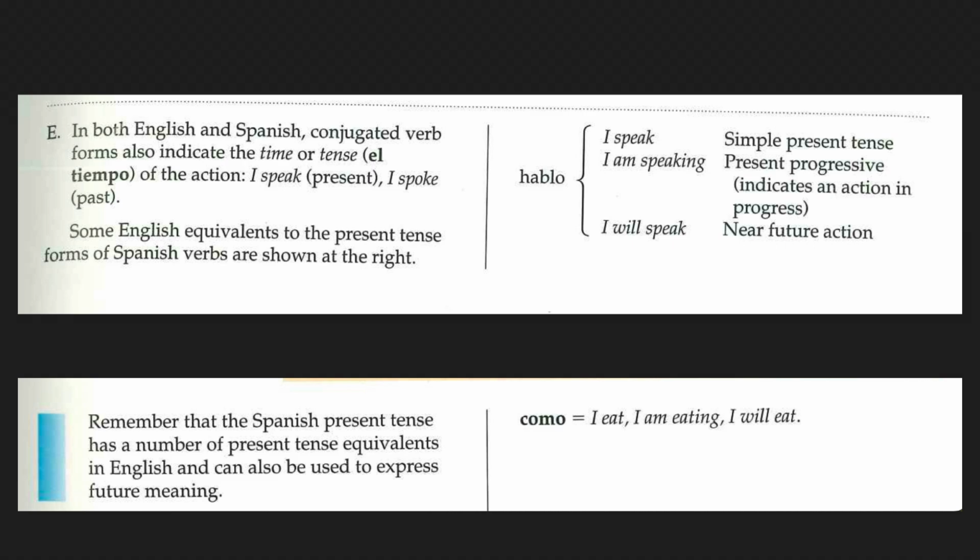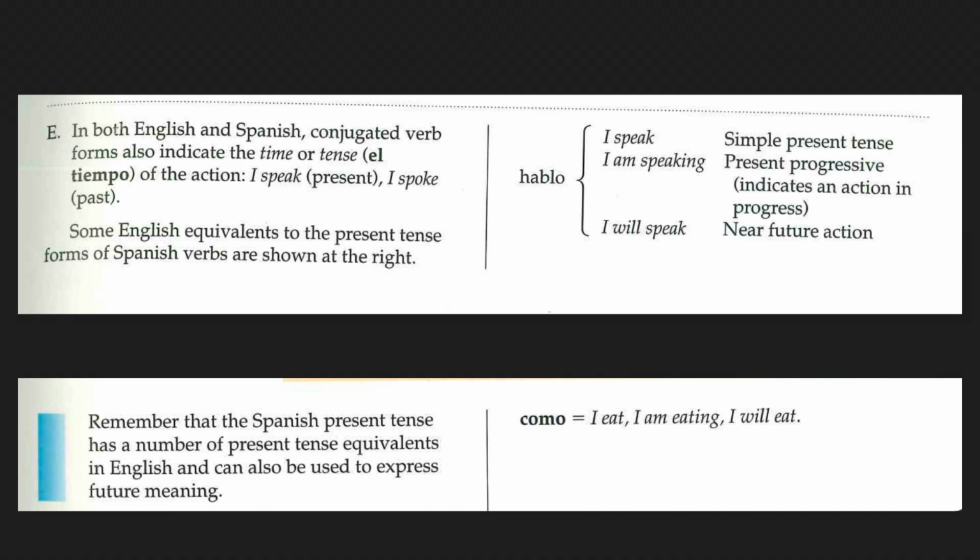If you say yo hablo, then you can actually say I speak, I am speaking, or I will speak, an immediate future tense. And you can also do this for the ER, IR verbs. So if you say como or yo como, you're actually saying I eat. You could say I am eating, or you could say I will eat. Now, it all depends on the context. We do this in English as well.